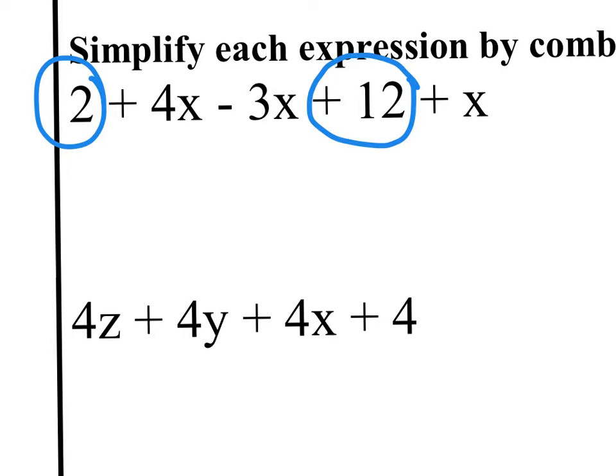They are marked the same. Okay, the next thing we have is positive 4x. Olivia, what's a like term to positive 4x? Negative 3x. Negative 3x and? Positive x. So now I've marked all my like terms.